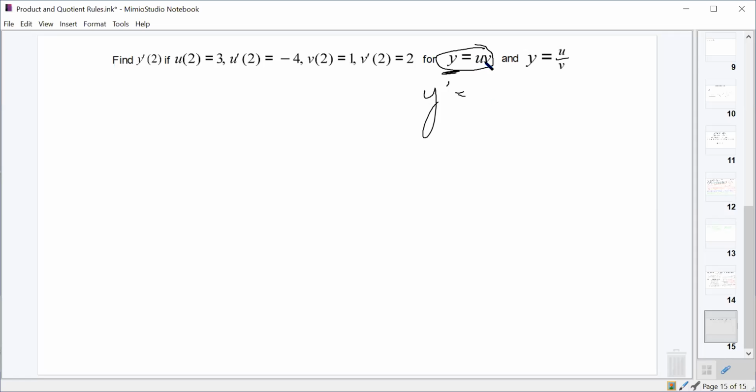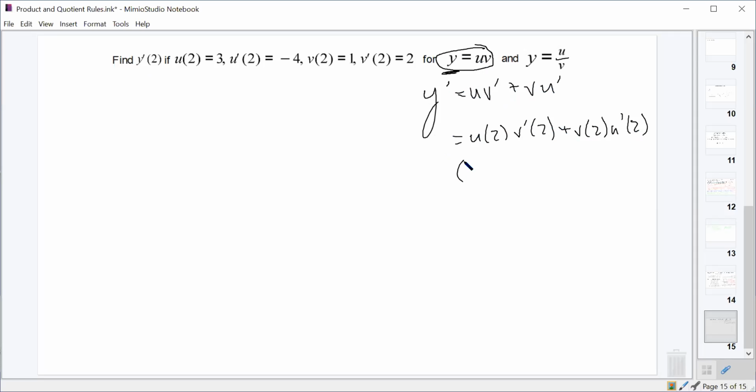Since this is one function times another, it ought to be the product rule. The first function times the derivative of the second plus the second times the derivative of the first. And so if we want to know what is y prime of 2, if y is u times v, it ought to just be u of 2 times v prime of 2, plus v of 2 times u prime of 2.